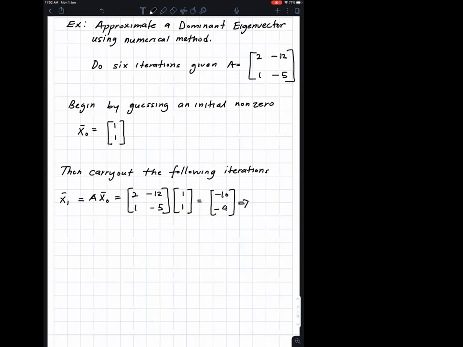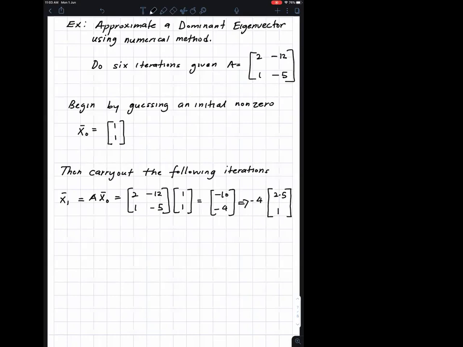Now if I factor out the smallest magnitude, 4, this becomes [-2.5, 1]. I can also factor out the minus sign. It's easier to do our operation without the minus sign. Factor out the -4.